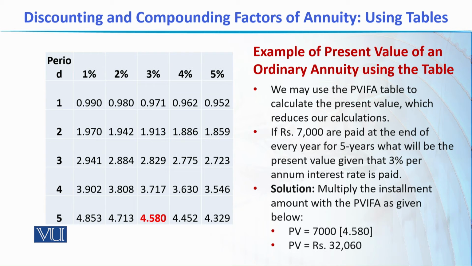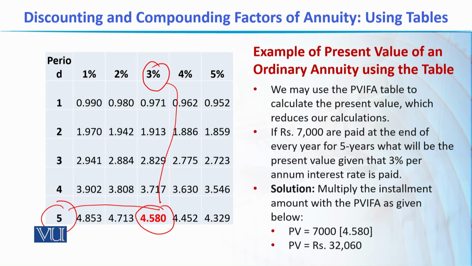So what we need to do is to look for the value of the factor at 3% rate of interest and for a period of 5 years. If we see, it is 4.580. So we simply multiply this 4.580 with 7,000 in order to get the present value of this annuity.